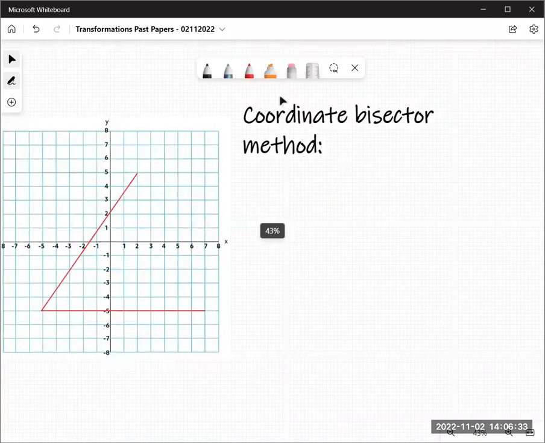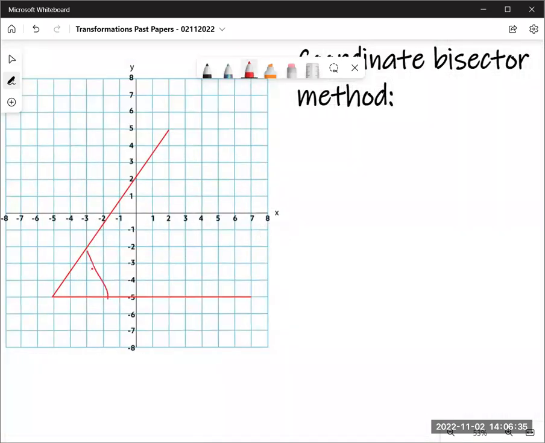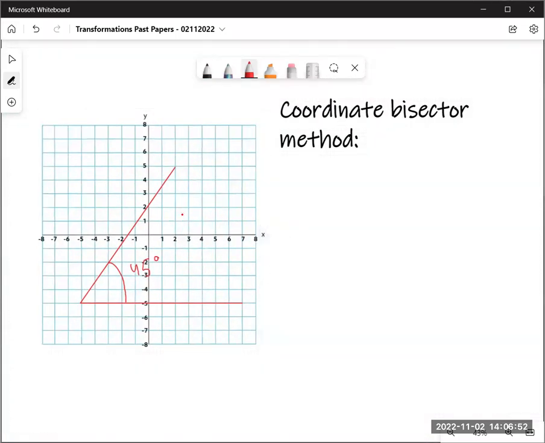Now, firstly, let's have it. We have an angle right here, right? Can someone give me an estimate of the angle? Probably 45 degrees. Now I want to have a line such that it bisects the angle in such a way that I get half of this.